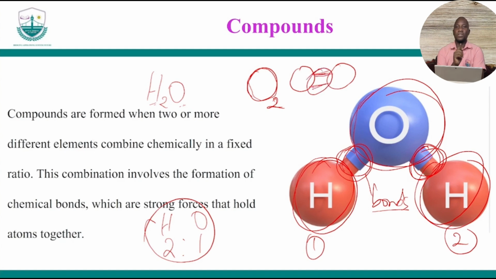So when we talk about bonds, we are not only talking about the connection that we have for atoms in a particular compound, but we can also talk about atoms that exist as either triatomic, diatomic, or whatever it is. So we can have atoms within the same element, and these atoms are actually bonded.